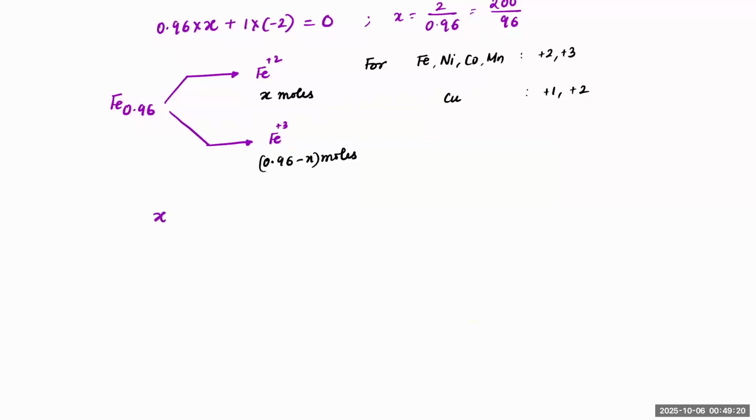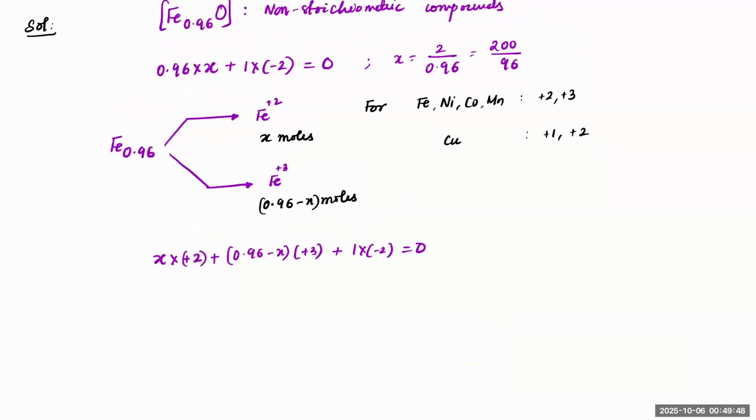Now I can write again x moles into plus 2 oxidation state, plus 0.96 minus x into plus 3 oxidation state, and that minus 1 into oxygen, which is minus 2 oxidation state. So overall this equals 0, correct?